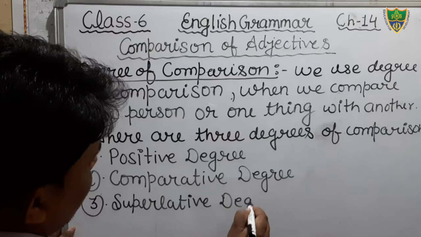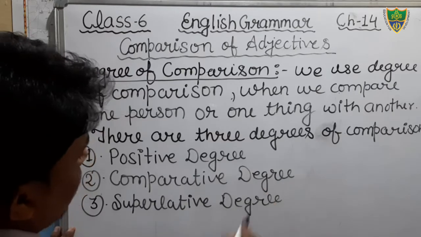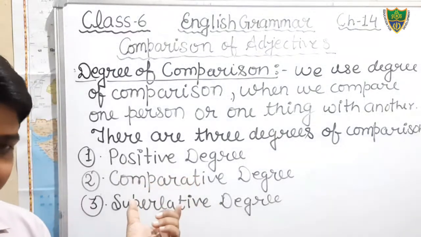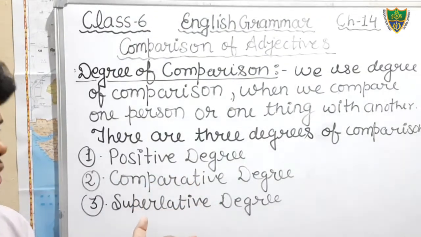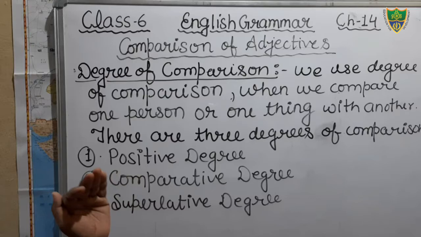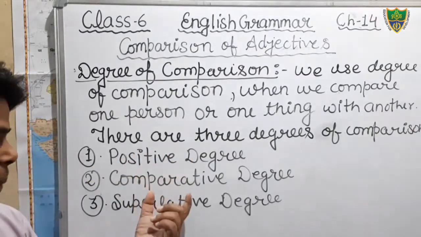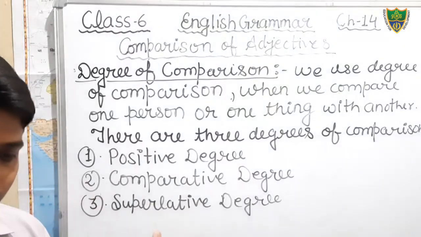There are 3 degrees of comparison: positive degree, comparative degree and superlative degree. Okay students, write it in your notebook. Now we will discuss one by one all these degrees: positive degree, comparative degree and superlative degree.